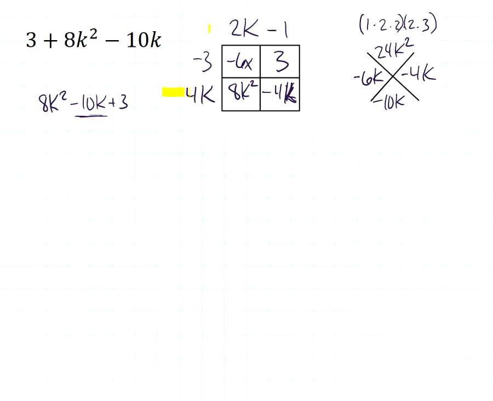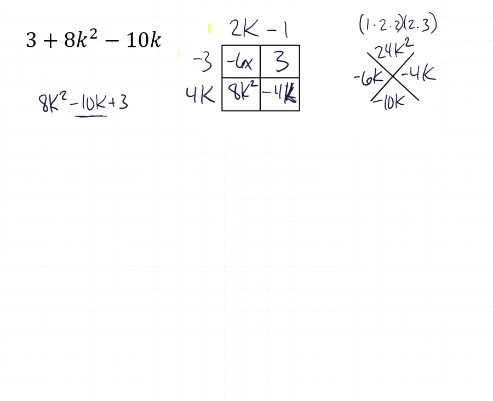If I multiply 4k times 2k, I do get 8k squared. If I multiply the 4k times negative 1, you can see that's negative 4k. That works nicely.